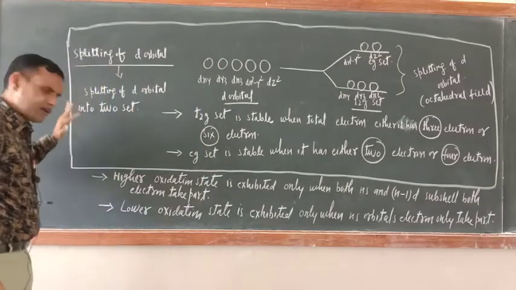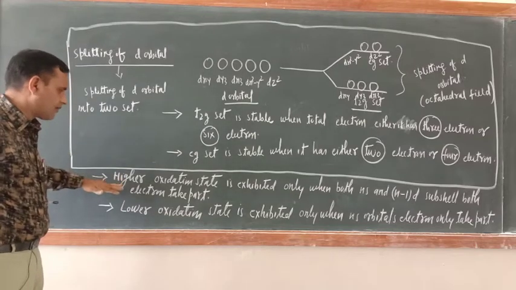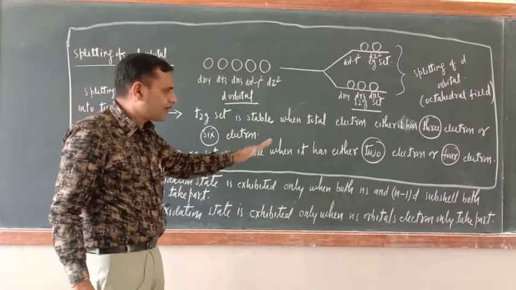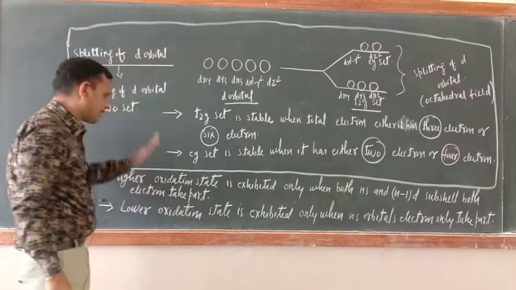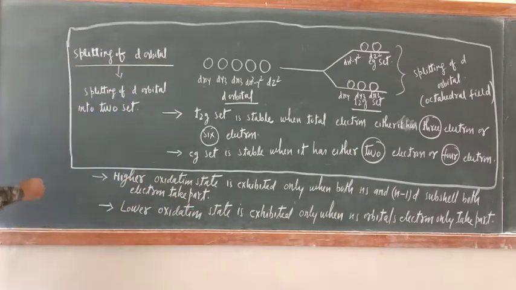Now the continuation of oxidation state. Note down some points. Higher oxidation state is exhibited only when both ns and (n-1)d subshell electrons are taking part. Just see, chromium is 3d5 4s1.